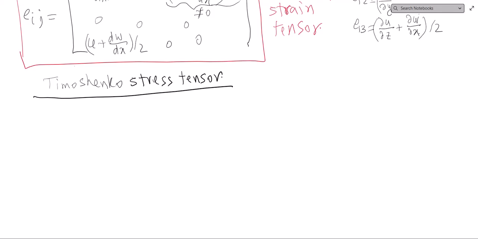Okay, so what do we have? We have sigma ij is equal to lambda delta ij ekk plus 2 mu eij.